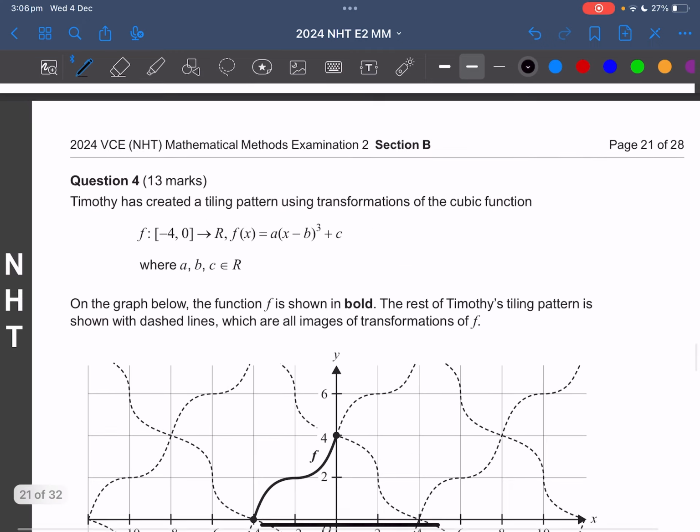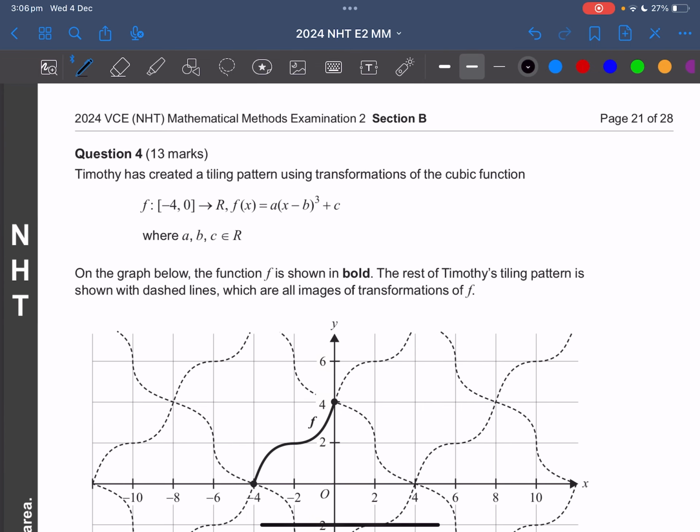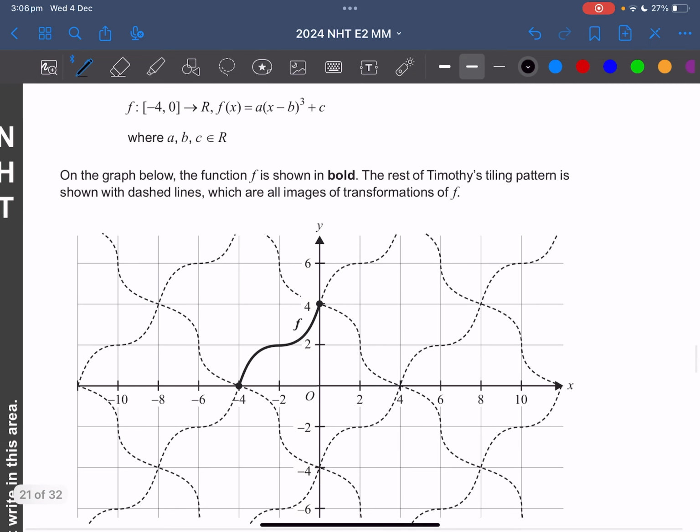Let's see. Oh, question 4. Okay, fantastic. Timothy has created a tiling pattern using transformations of the cubic function. On the graph below, the function f is shown in bold. The rest of Timothy's tiling pattern is shown with the dashed lines, which are all images of transformations of f.